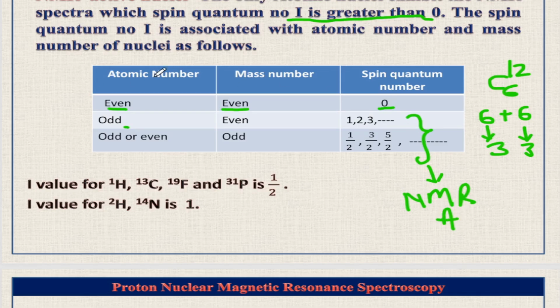If the atomic number and mass number are both even, their nuclear spin quantum number is 0, so they are NMR inactive. Here the I value for proton, carbon 13, fluorine 19, phosphorus 31 is half, so these are NMR active. The I value for deuterium and nitrogen 14 is 1, so they are also NMR active and give NMR spectra.